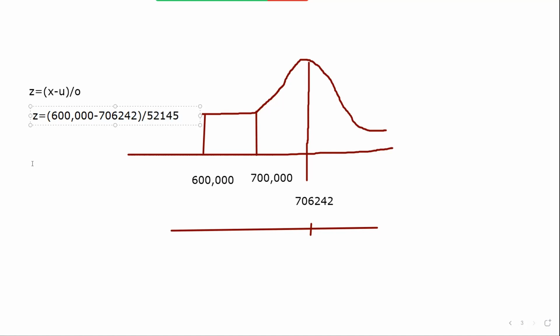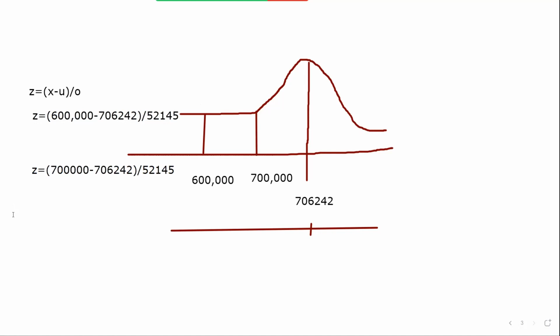And our other z-score will be, let me set it up and then I'll put it in. Z is equal to 700,000 minus 706,242 over 52,145. Okay.